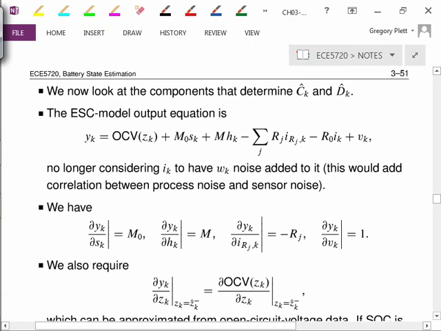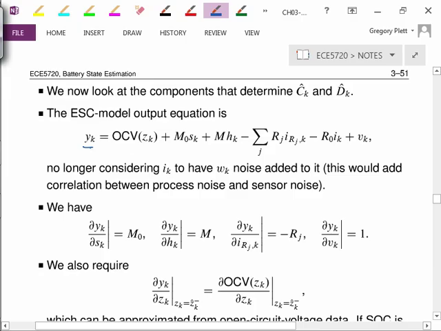All of that discussion so far in this section has looked at A hat and B hat matrices by examining the state equations. Now we look at the output equation, the voltage equation, to determine C hat and D hat. I've reminded you here what the model output equation is.